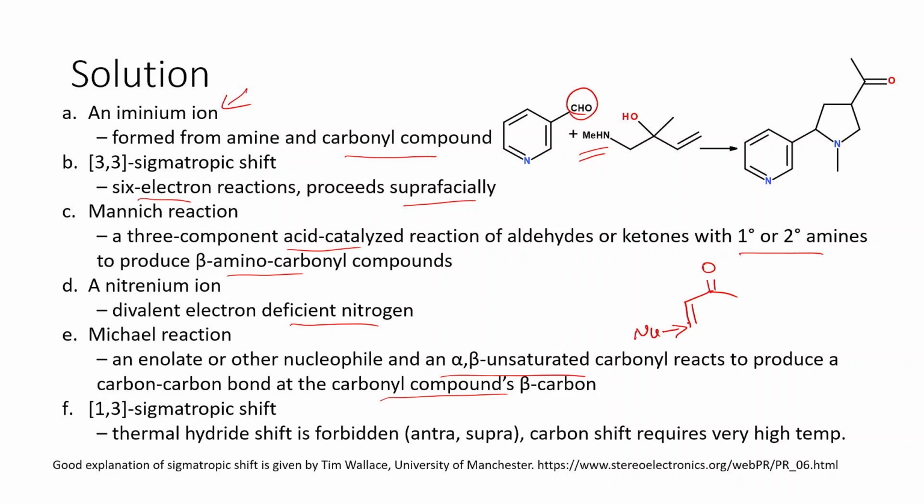So this is the beta carbon from the carbonyl group, and we consider this as the alpha carbon and this as the beta carbon, so here the nucleophile will add. This is what is basically called the nucleophilic 1,4 addition or a Michael addition. And what is the last one? The 1,3 sigmatropic shift. A thermal 1,3 hydride shift is generally forbidden both antarafacially and suprafacially, and the 1,3 carbon shift requires very high temperature. So these are the two things we have to remember.